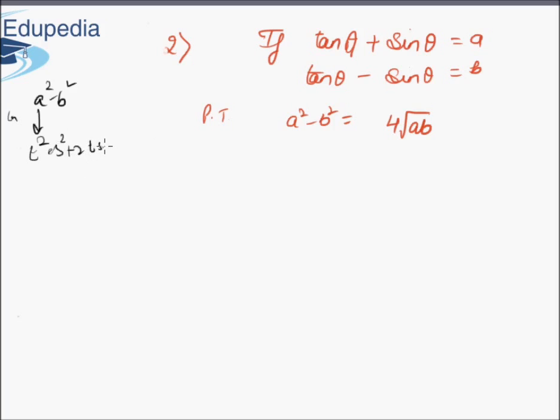So it will be a complicated situation because we don't have any identity involving tangent square and sine square, and moreover tangent into sine. So this alternative should be discarded. What more can we do?